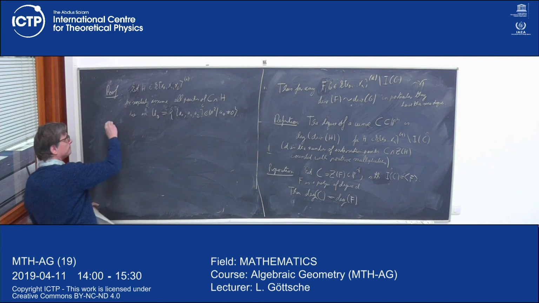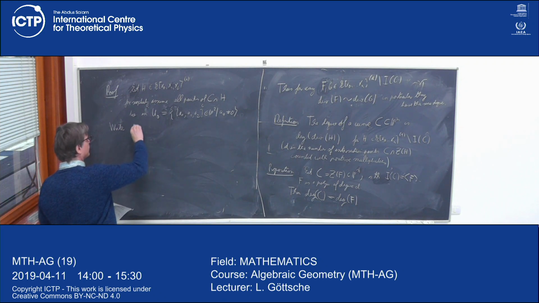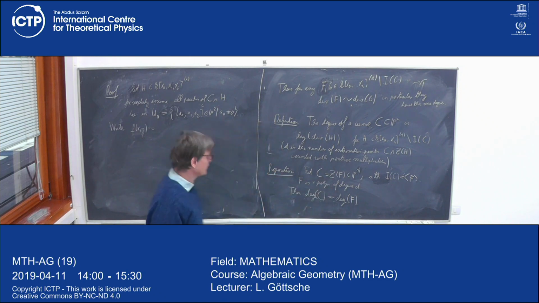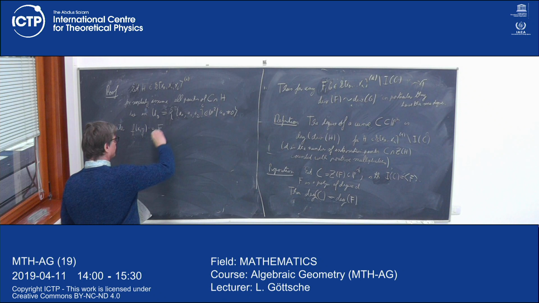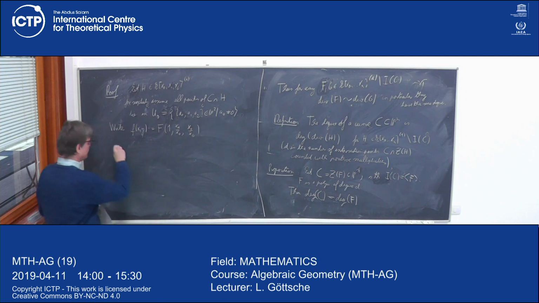So we write f of x, y, as f was our polynomial defining the curve, as f of 1, x1 divided by x0, x2 divided by x0, so we have that x is equal to x1 divided by x0 and y is equal to x2 divided by x0.